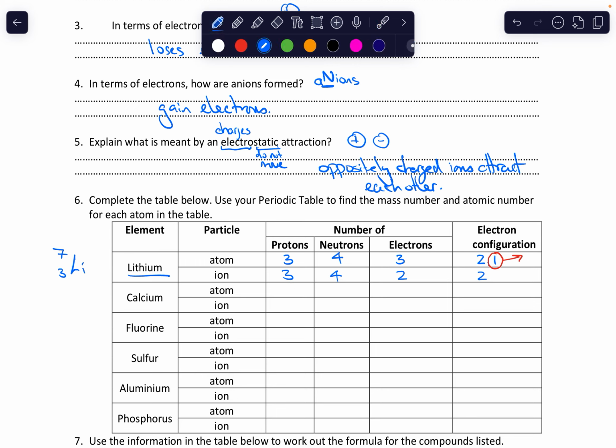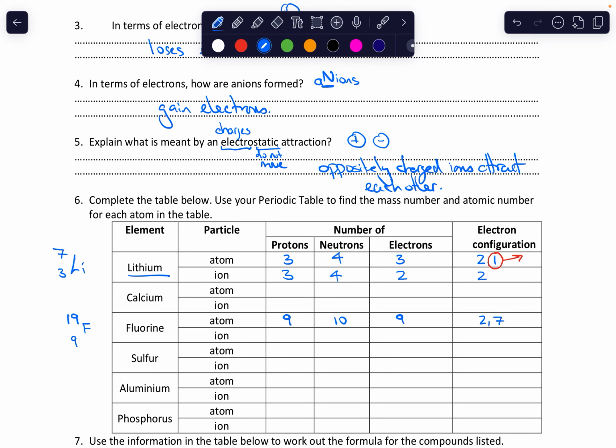Let's try one of the negative ones. We'll do fluorine. So fluorine, look it up on the periodic table, is 19, 9, and then F is the formula. So again, bottom number is protons, so it's got 9 protons, it's got 10 neutrons, and has to be the same number of electrons as protons, so it's got 9. Then all we have to do is put the electron configuration together.